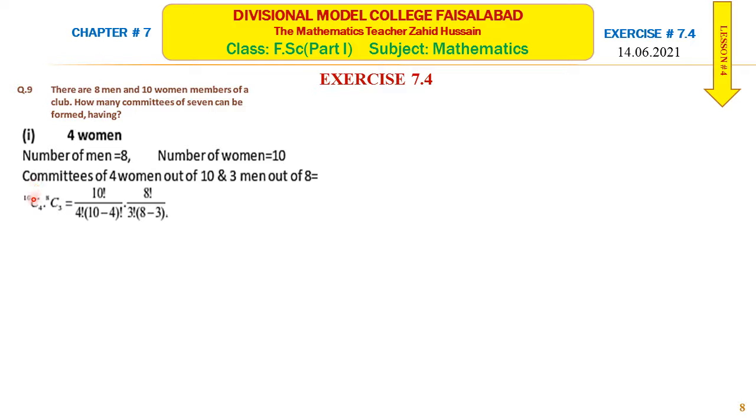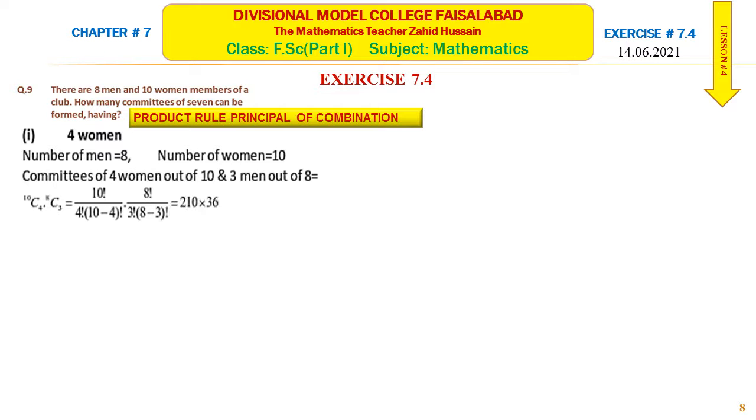Combination of 10 taken 4 at a time and combination of 8 taken 3 at a time, and we will multiply these two combinations. So it is 10 factorial over 4 factorial into (10 minus 4) factorial multiplied by 8 factorial over 3 factorial into (8 minus 3) factorial. We have used the product rule principle of combination, which we have studied in the previous slides.